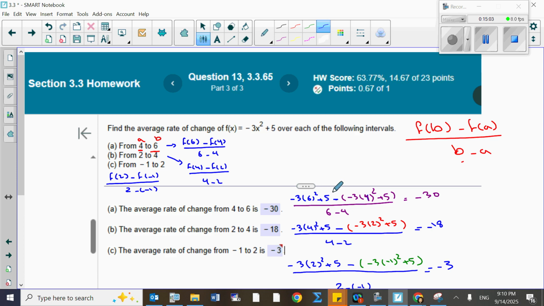So this is f of 6 minus, and then here f of 4. Just replace x with 4. And in the denominator, we have 6 minus 4. So once you evaluate each of them, divide them, and you're going to find the answer. So this is just the general form to solve these questions.